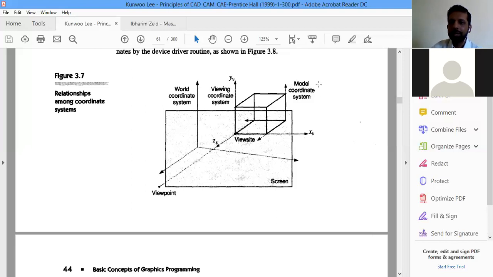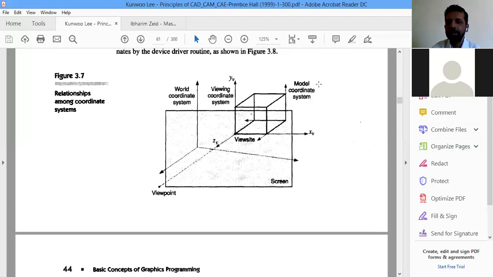In the model coordinate system, we will be able to give only the x, y, and z coordinates. That is, all the dimensions, all the data that we give should be only in Cartesian coordinates.